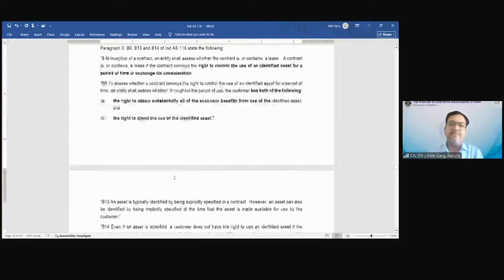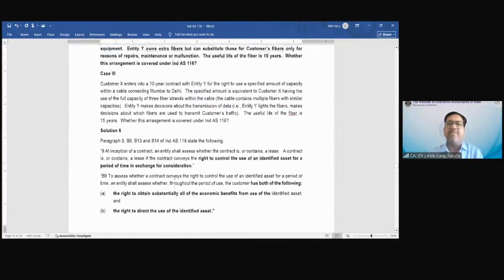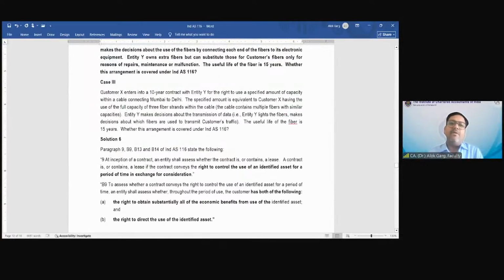Friends, then let's come to case number 3. Customer X enters into a 10-year contract with entity Y for the right to use a specified amount of capacity within a cable connecting Mumbai to Delhi.